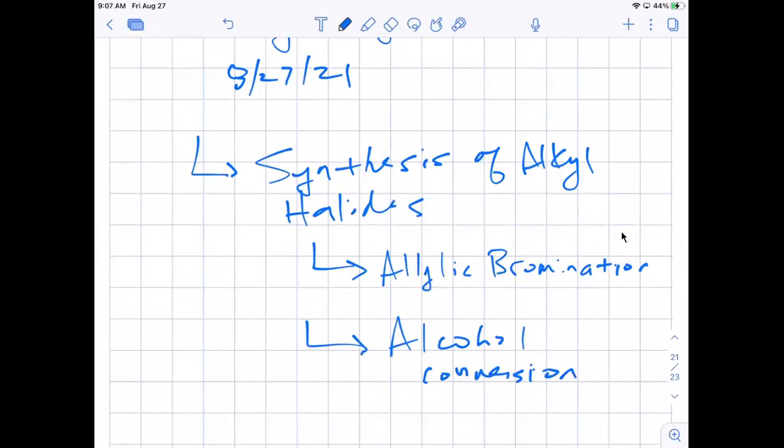We'll finish up allylic bromination today and introduce alcohol conversions. On Monday, we'll do more of the alcohol conversion, and then on Wednesday, we'll take the exam.